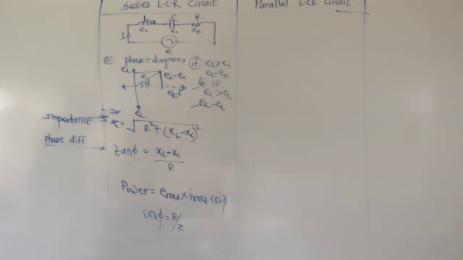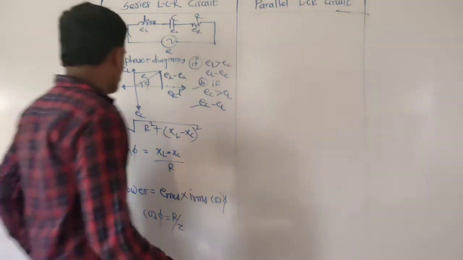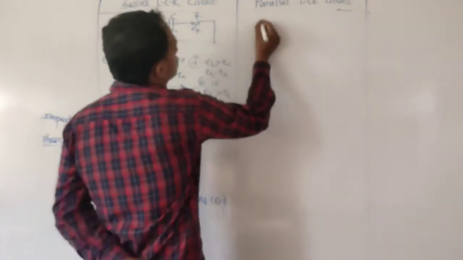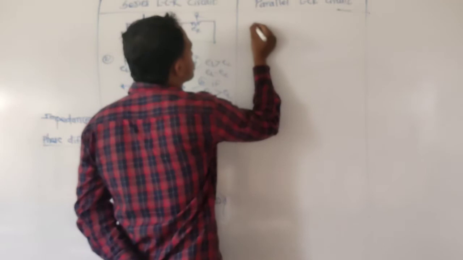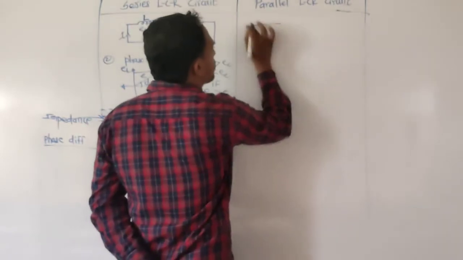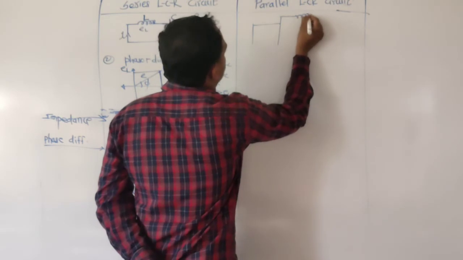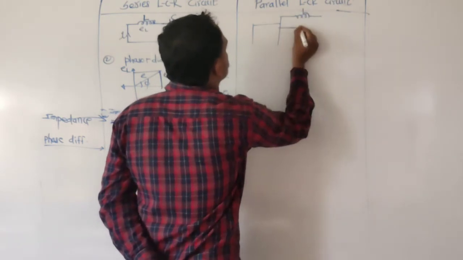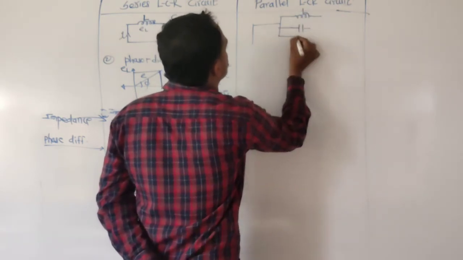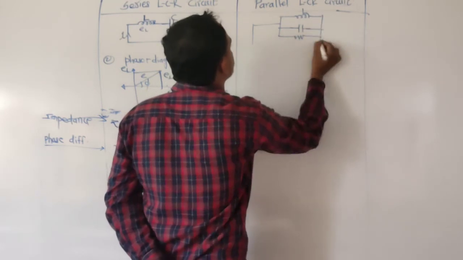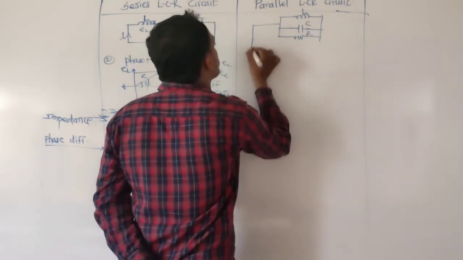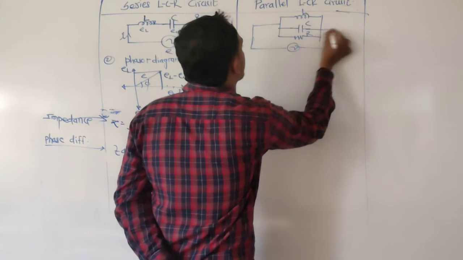Okay, after this we have the parallel combination for the LCR circuit. This is the inductance, this is the capacitance, and this is the resistance connected across an AC supply.